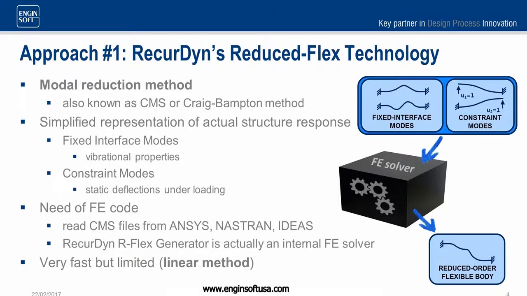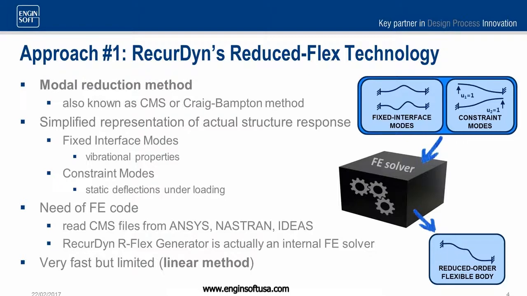Okay, then we start with the first approach for flexible modeling, RecurDyn reduced flex technology. This approach is used by almost every multi-body software on the market, and it is based on the modal reduction method, also known as the Craig-Bampton method.